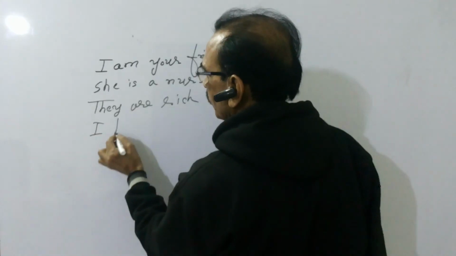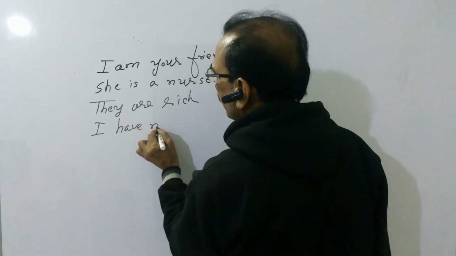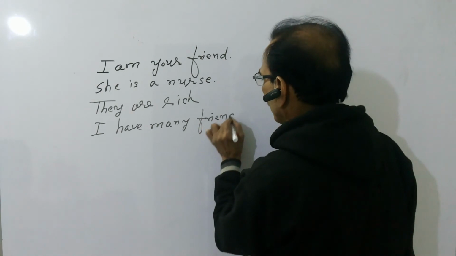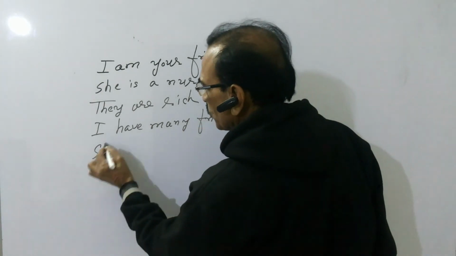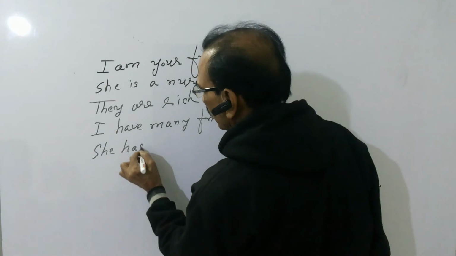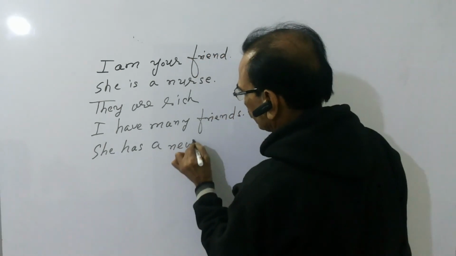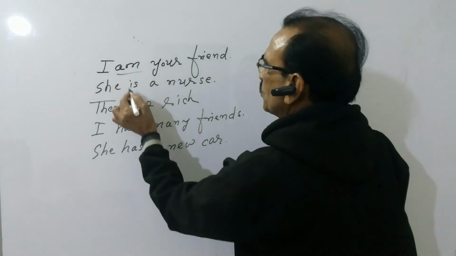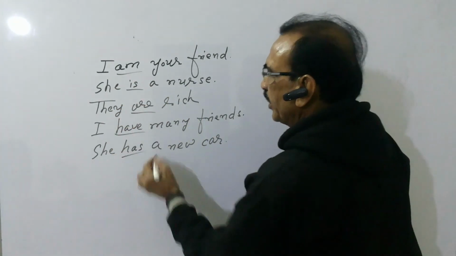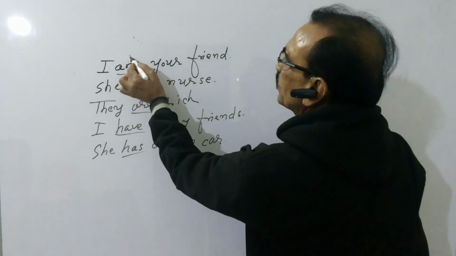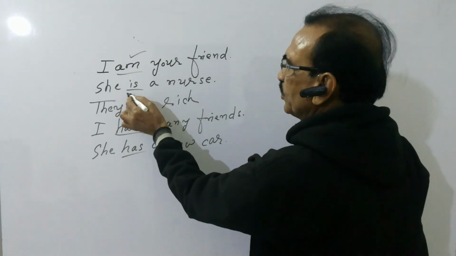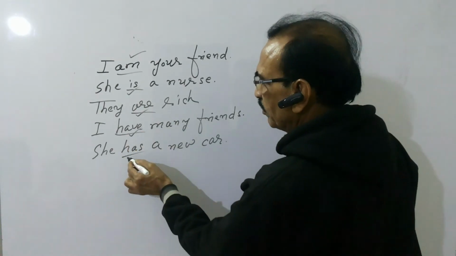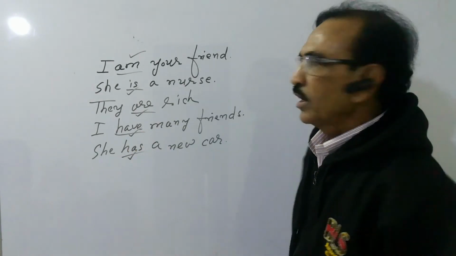I have many friends. She has a new car. I have given you these 5 sentences wherein here am is the verb, in this second sentence is the main verb, here are in fourth have is the main verb, here has is there.